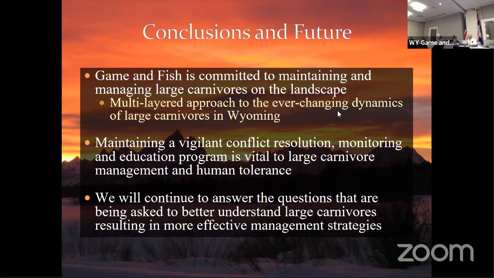We will always have an extremely vigilant conflict resolution program and monitoring and education program. Again, we're always asking those relevant questions, and we're heavily involved with academic research and those collaborative efforts across the board as we move forward. And we're always trying to get an idea on the public sentiment when it comes to these animals.